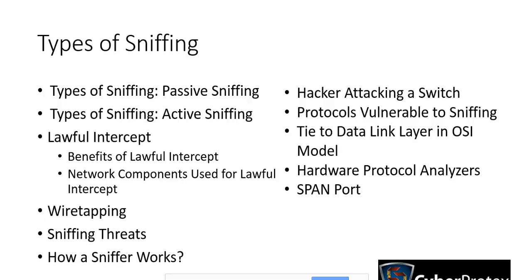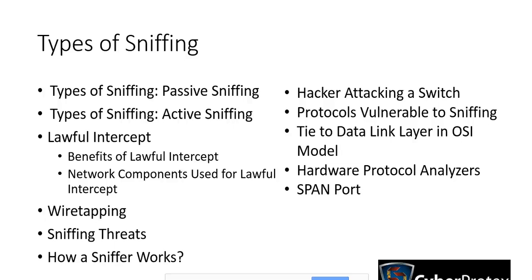Normally, our NICs, our network interface cards, are only able to read and respond to traffic that's sent directly to us. But when we change our NIC to promiscuous mode, it's able to read all the traffic and send it to the sniffer for processing.